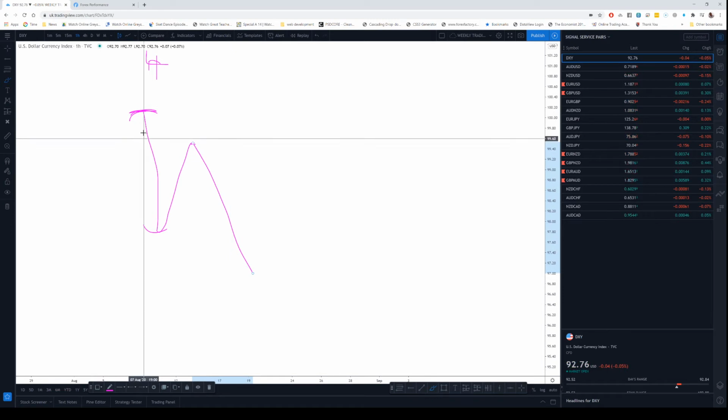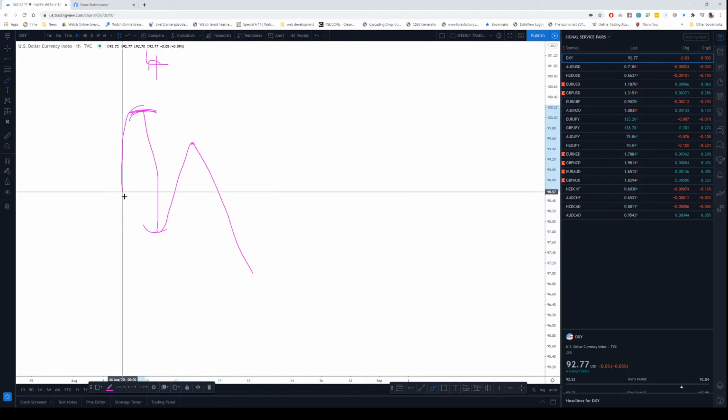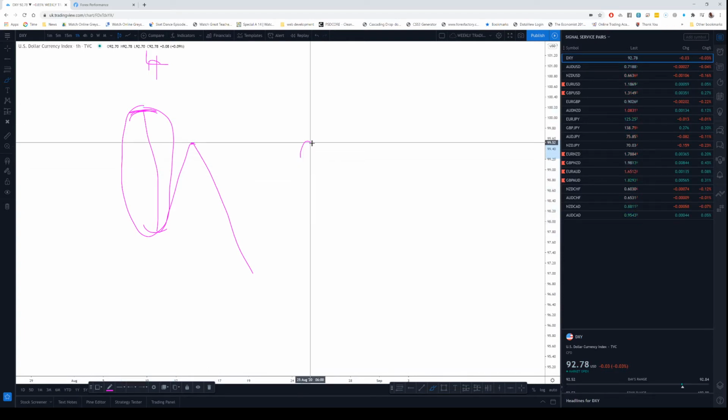Now, because this is a 4-hour time frame, if we drop down to the 1-hour time frame, you're going to notice that this drop in here is not a straight line. It might contain something like this.